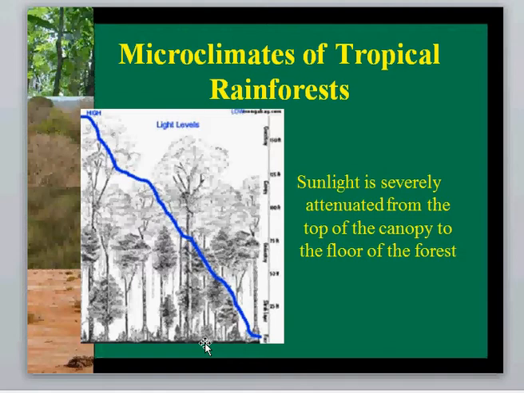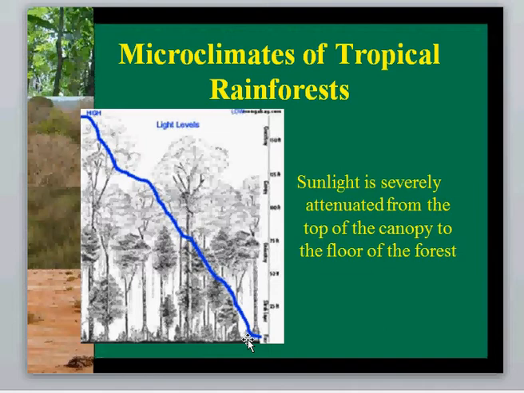Now thankfully that light is reliable, it's always there. Okay, there's no winter and there's no summer, there's no increase in light and decrease in light. It's constant, that sort of shaded light, year in, year out. So these plants at the bottom here can specialize and develop adaptations which allow them to survive in this microclimate.